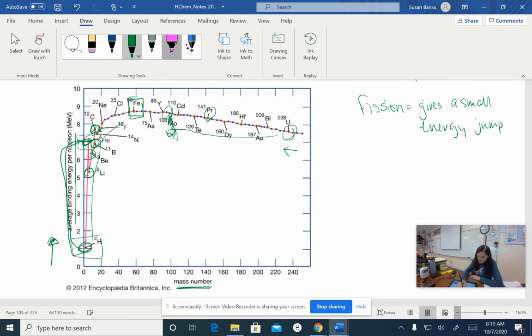Notice we have a huge energy jump right there. That is a big jump. So fusion gives a large energy jump.